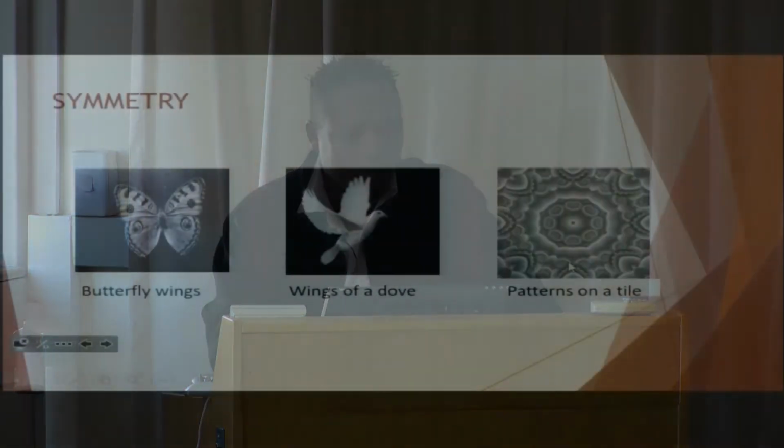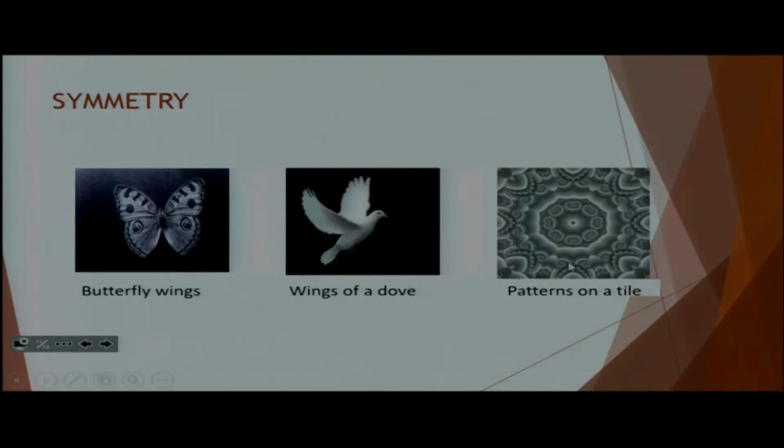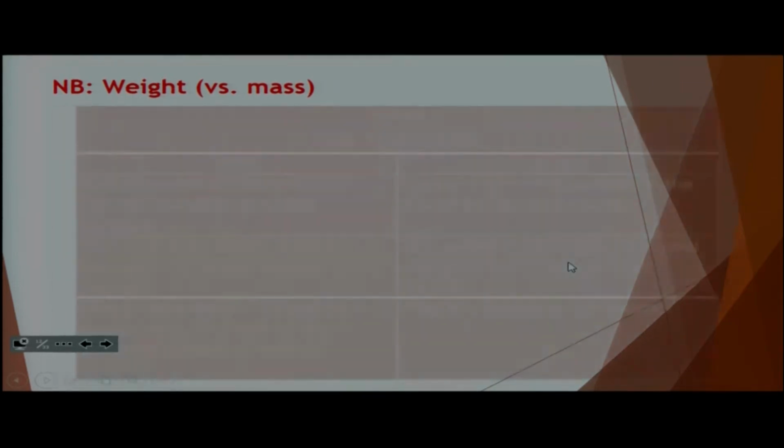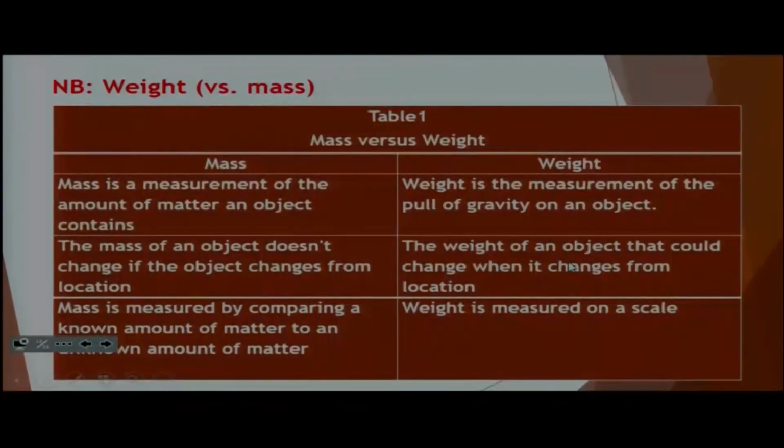So symmetry is very important to assist us as health and safety practitioners to predict the nature of hazards and understand them correctly. These are just examples of what is symmetrical: butterfly wings, wings of a dove, patterns of a tile, as well as human beings. You can look at us and know that we're symmetrical as well.